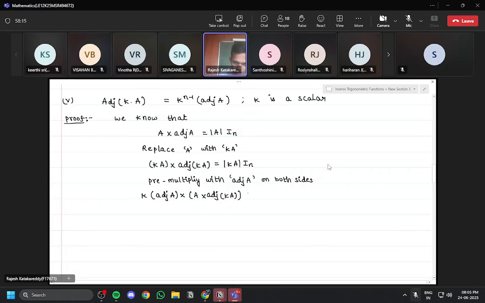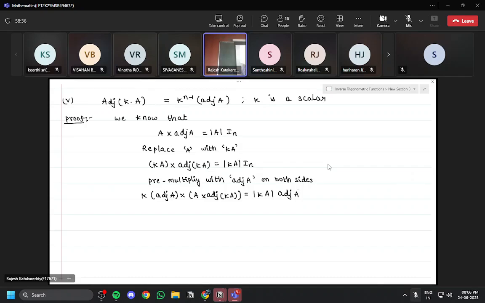This is equal to determinant of K into matrix A into adjoint A, because multiplication with identity, you do any matrix, you get that matrix. Next, I am taking the scalar out of the determinant. If I take the scalar out of the determinant, I should write K power n.